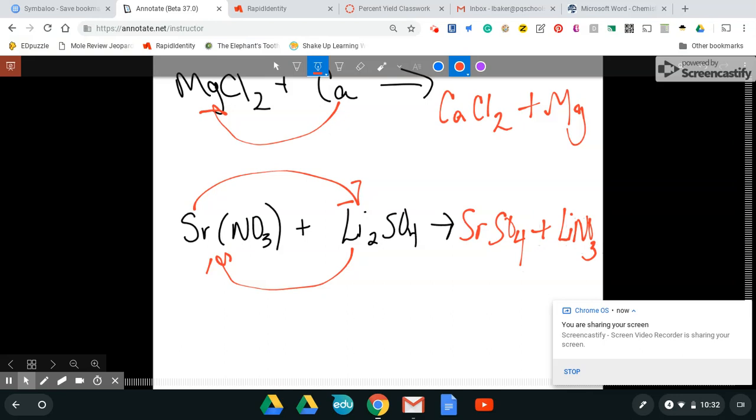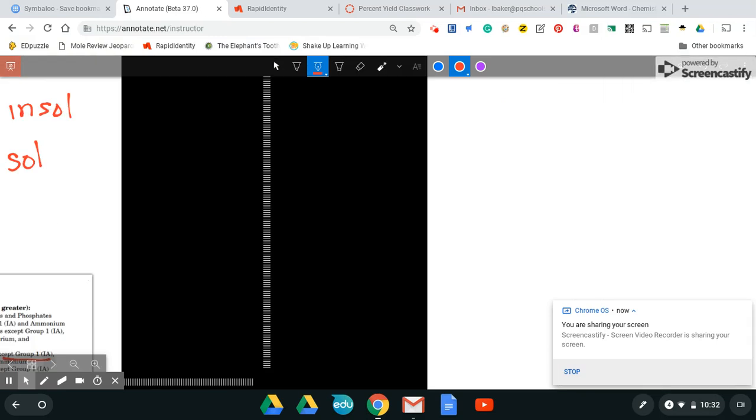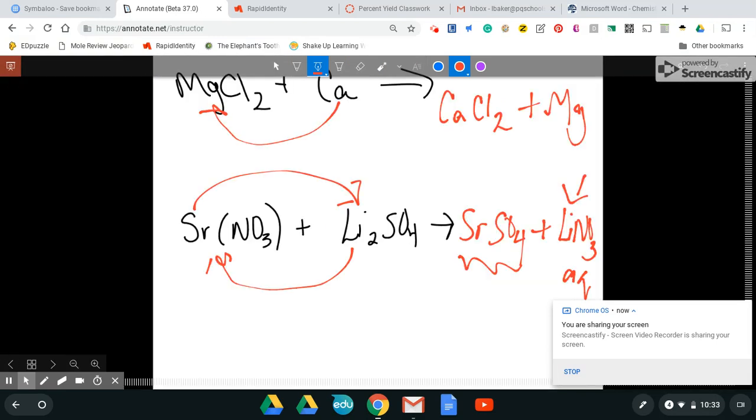All right, all nitrates are soluble, so that is aqueous. If I've got SrSO4, I'm going to go back to my solubility rules. Sulfates are soluble unless they have strontium. So this is going to make this a solid, so this reaction is going to take place. That's how we predict products.